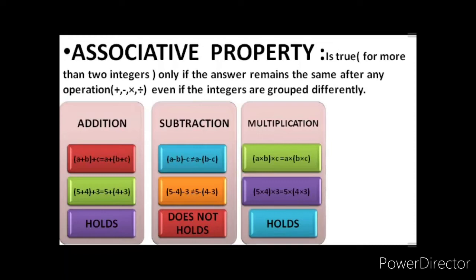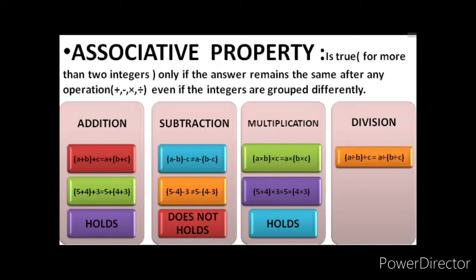Division. For division of more than two integers, the answer is not the same if they are grouped differently. That is, (a ÷ b) ÷ c is not equal to a ÷ (b ÷ c).